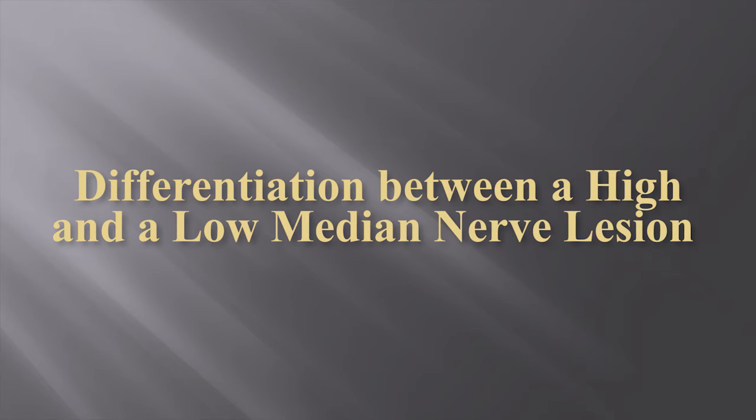What I would like to discuss today is how to differentiate between a high median nerve lesion and a low median nerve lesion. Every now and then, one comes across a patient who has had a carpal tunnel release, and post-operation the symptoms remain unchanged, and if the first operation was done percutaneously, the patient will often undergo an open procedure, once again with no improvement.